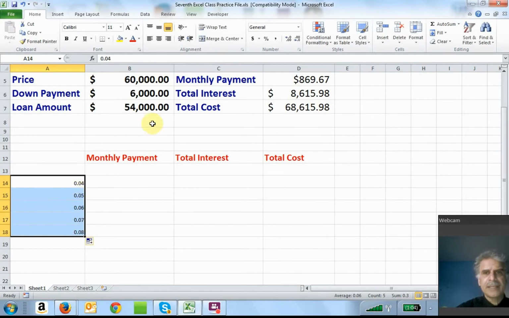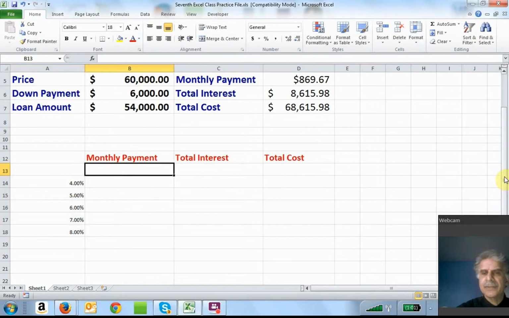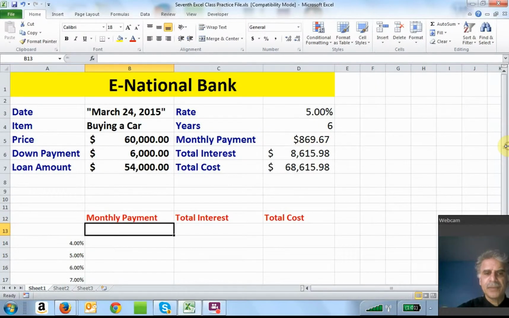Again, I could easily go and make these percentage. And next thing I would like to do is find out monthly payment for different interest rates, total interest for different interest rates, and also total cost.